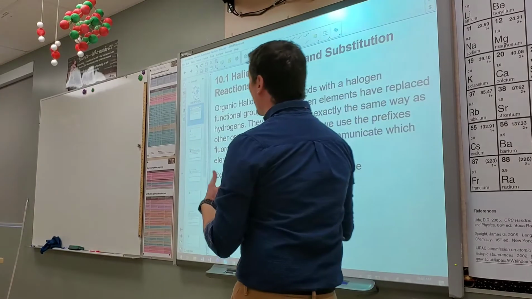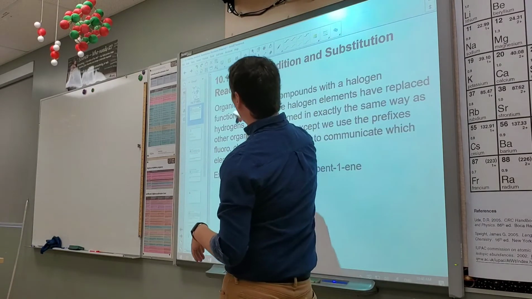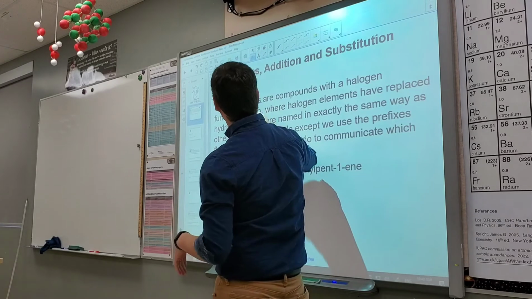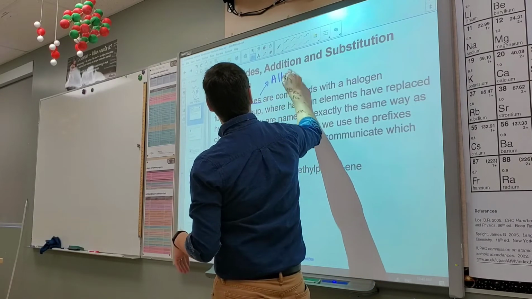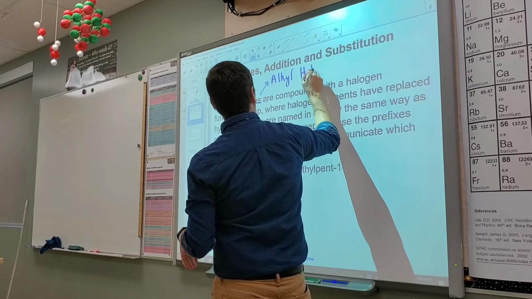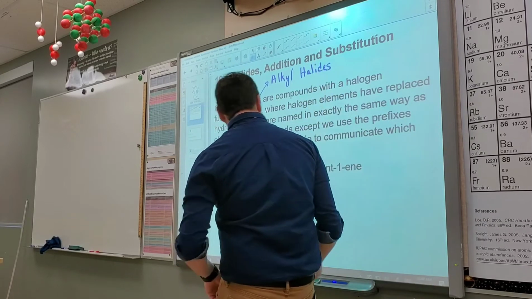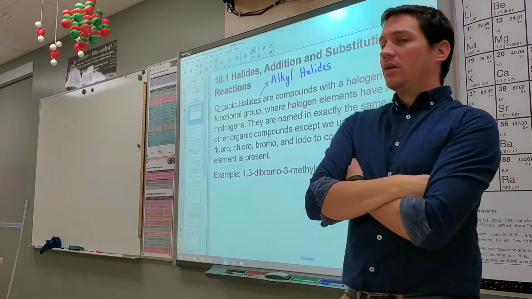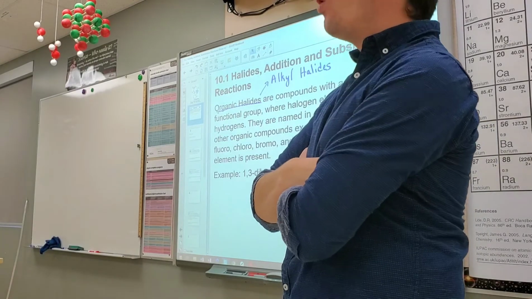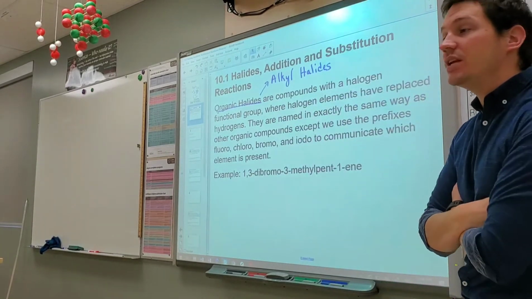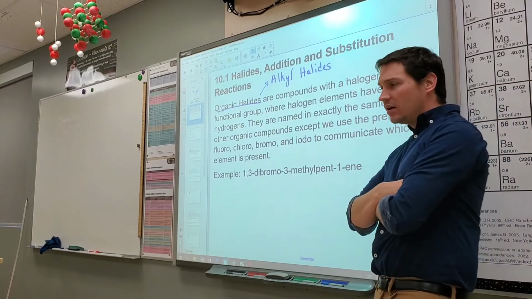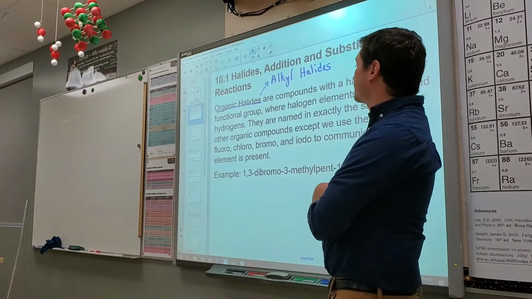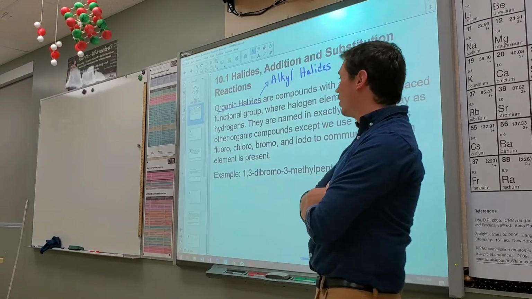Another way of saying this, the organic halides are also known as the alkyl halides, or a halogenated hydrocarbon. They all mean the same thing. Halide, halogenated, halogen, they all mean the same thing.